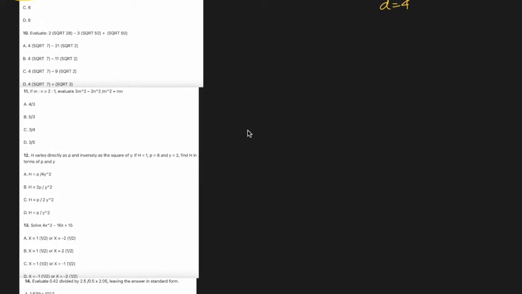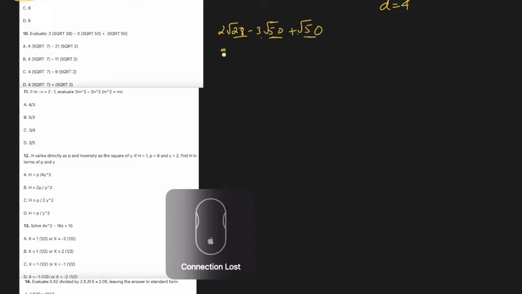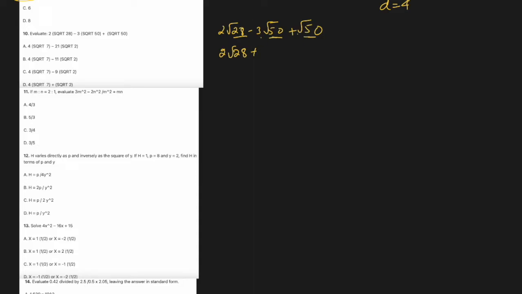Evaluate 2 square root 28, minus 3 square root 50 plus square root 50. Okay, since all of them are square roots and these two are the same, this plus this, we can simplify this as 2 square root 28, minus, because minus 3 plus 1 will be minus 2 square root 50.